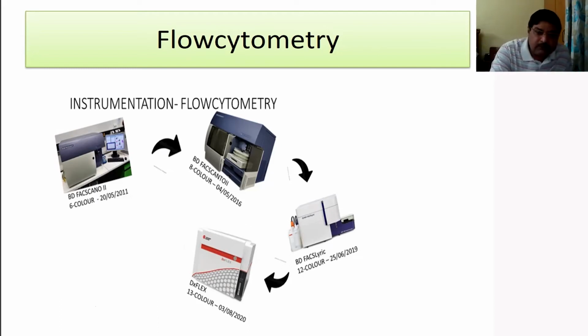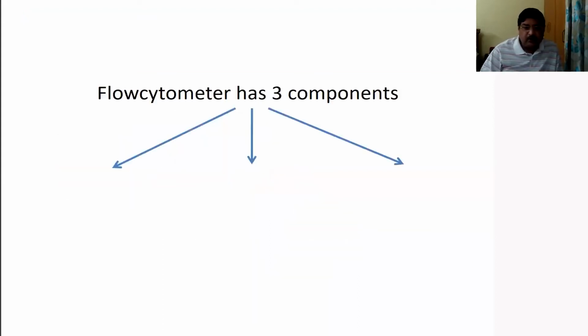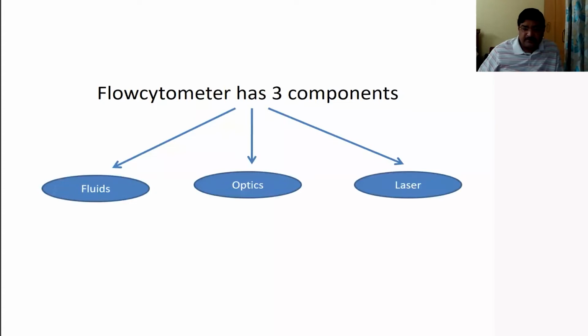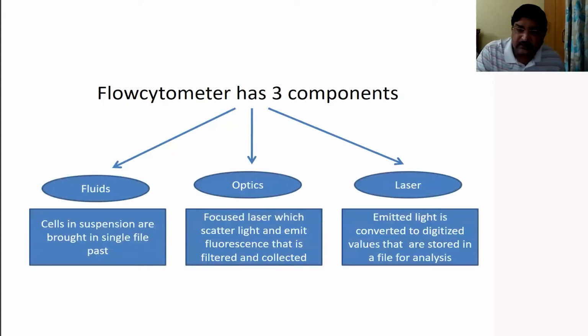Because the flow cytometry cost is coming down. If the colors are more, just one tube will run all the important markers and you can come to a conclusion, whereas with fewer colors, you have to have more tubes. So that is the principle of flow cytometry, where you have just 3 things that you need to look at. Next, please. What you get is 3 components to a flow cytometer. One is fluidics, the other is optics, and the third is the electronics and analysis of data. In the fluidics, you have the cells which run in a single cell suspension.